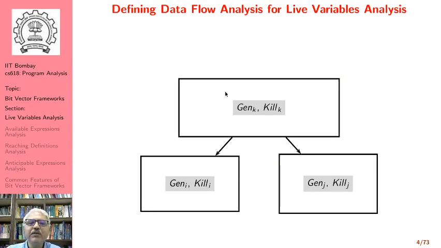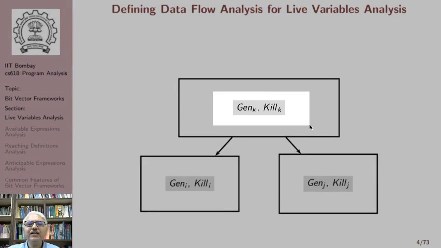So this particular node is node K, and with that we associate two sets of variables, gen of K and kill of K. Gen stores the variables that become live as a consequence of the execution of the statements within basic block K. Kill K stores the set of variables which cease to be live because of the assignments happening within the basic block.